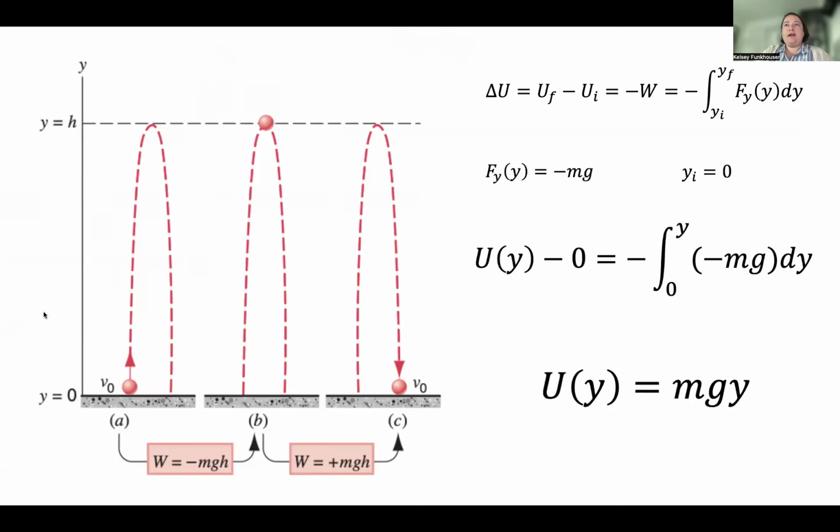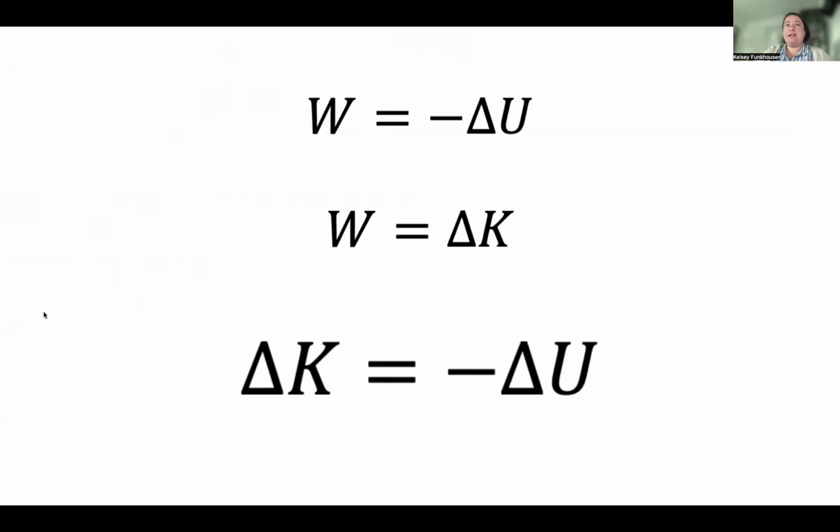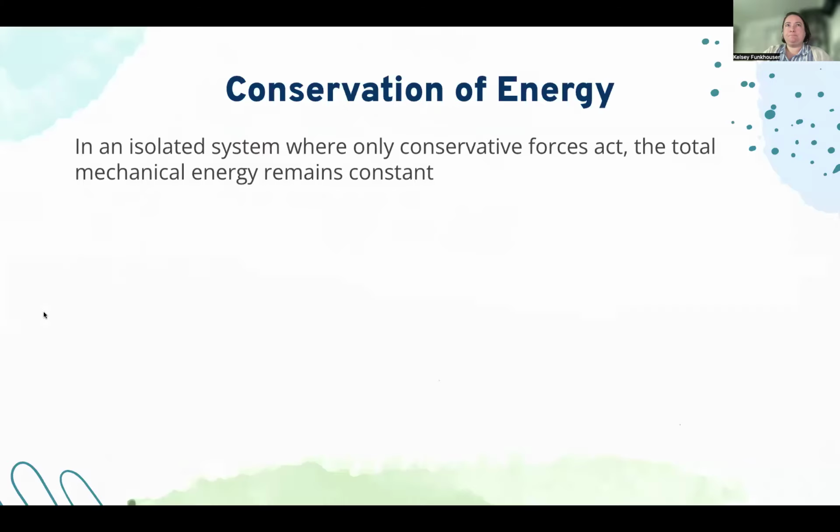And for gravity, it's mgy, with y being the height from the ground. So work is equal to both the negative change in potential energy and the positive change in kinetic energy, implying that the change in kinetic energy is negative the change in potential energy.